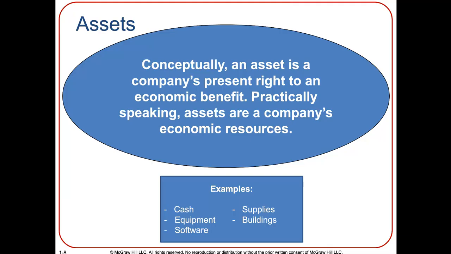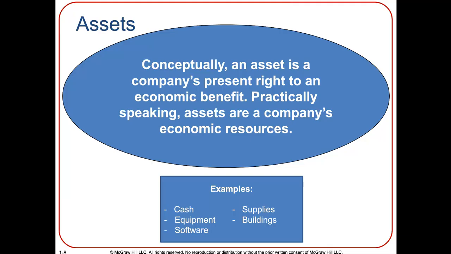We put copy paper into the copy machine. We put toner into the copy machine. We use pens, pencils, things like that. And we're constantly using up those pens, those pencils, that copy paper, that toner, and everything else, but that's not what we do. That's not our job. That's not the core of our business, is not running a copy machine, right? But we're consuming these things to allow us to earn revenues.